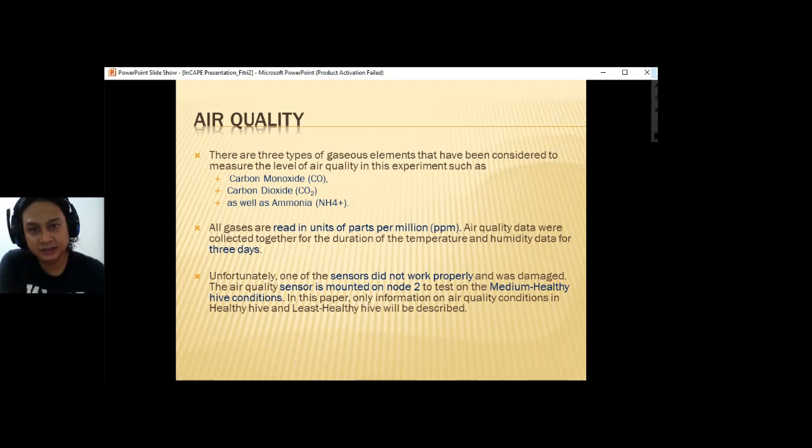There are three types of gaseous element that we collected data on. Number 1 is carbon monoxide, CO. Number 2 is carbon dioxide, CO2, as well as ammonia, NH4. All gases are read in units of parts per million, ppm.